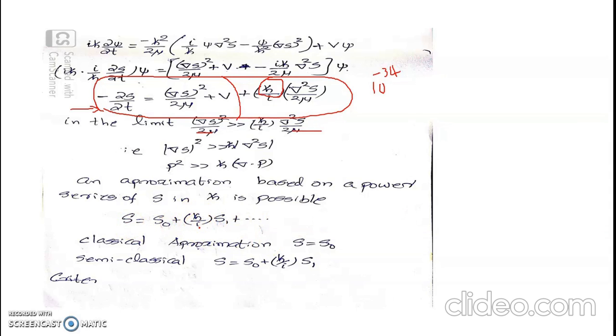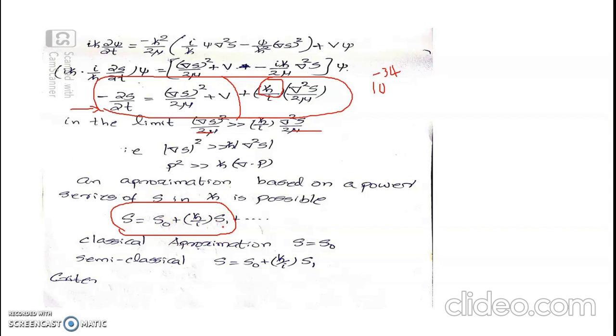But generally we will be satisfied with the term up to the first power of ħ, so that we make an approximation for the quantum mechanical action as S equal to S0 plus (ħ/i)S1. So with this action, we have the quantum mechanical action just one step ahead of the classical action.